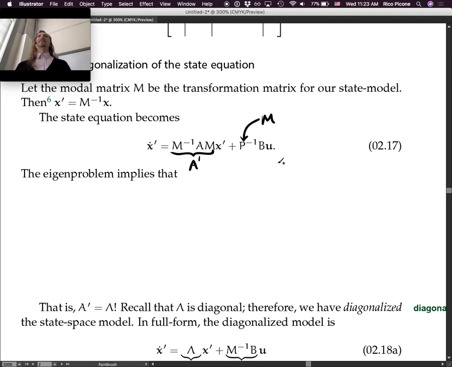I missed that one. I clearly copied and pasted that and didn't replace the M. I self-plagiarized for my own lecture from like 10 lines above. You can copy and paste your own equation from above to below. That's allowed.